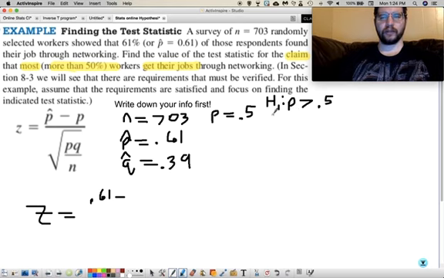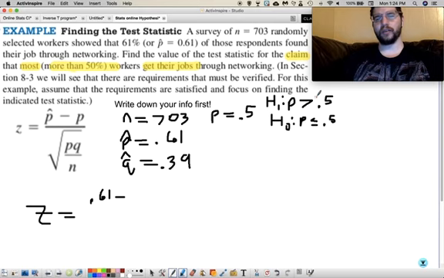That's got the greater than part in it. That means H naught would be less than or equal to 0.5. But this is the p. p is 0.5. Even if it's less than, greater than, or less than or equal to, whatever, use that value for p.